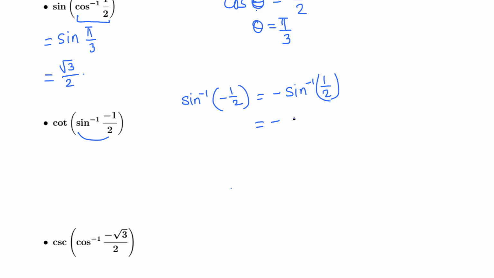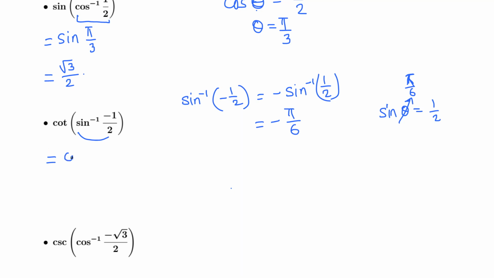Now we need to find the angle whose sine is 1/2. So sine of which angle is 1/2? This angle is 30 degrees, pi over 6. Sine of pi over 6 is 1/2, so sine inverse of 1/2 is pi over 6.